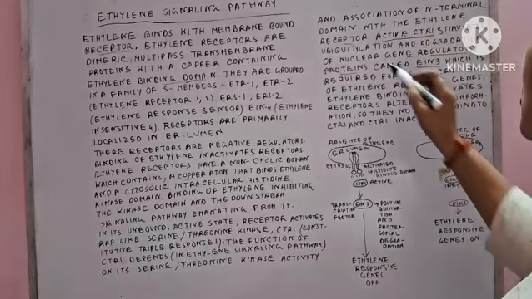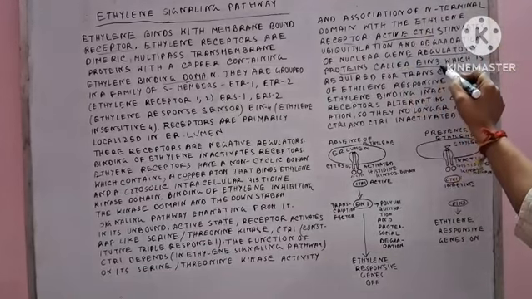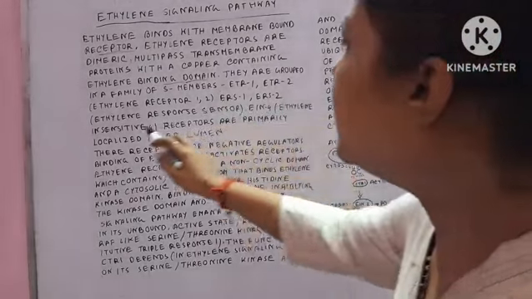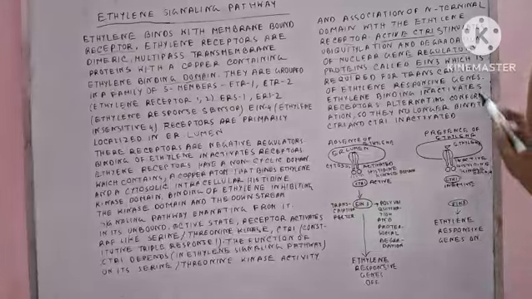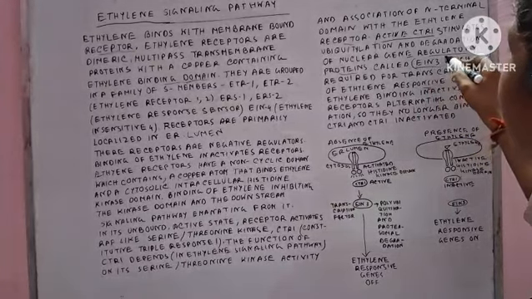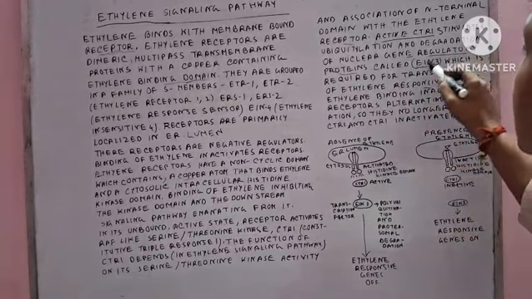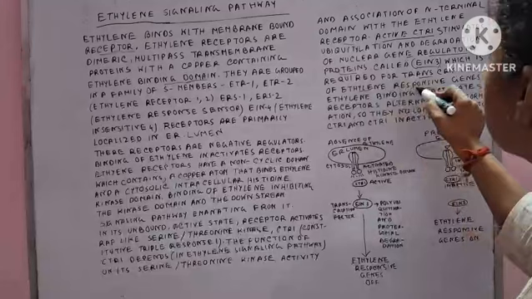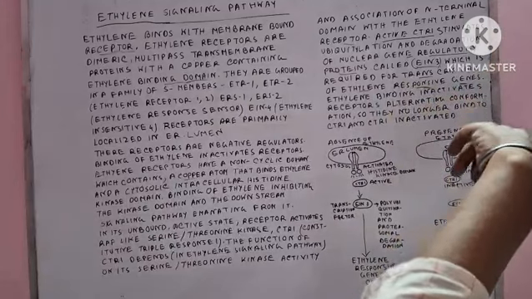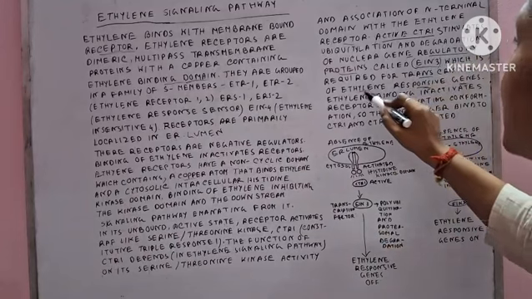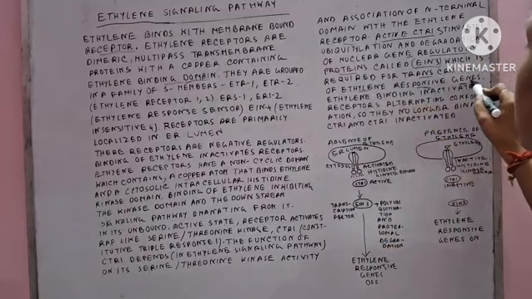What is the role of EIN3? It is important for the transcription of the ethylene responsive genes.